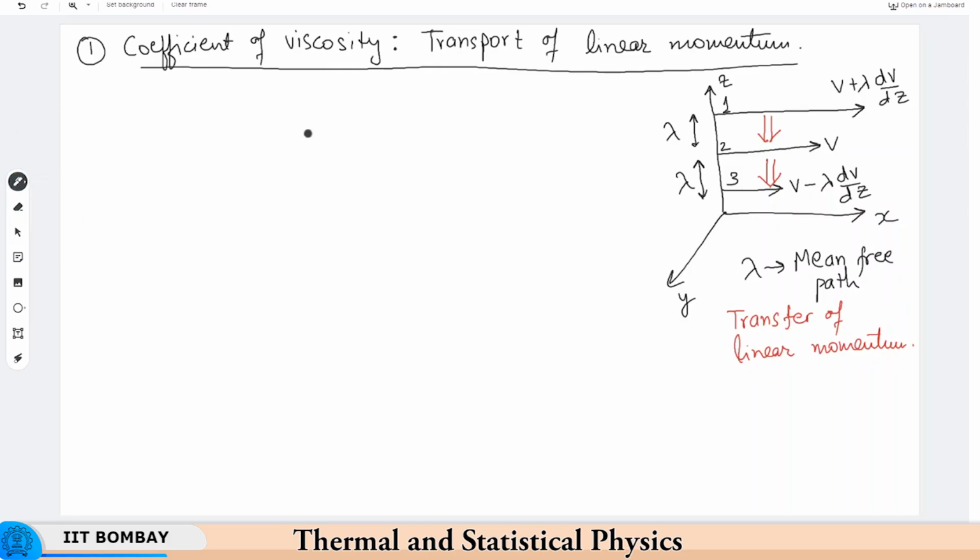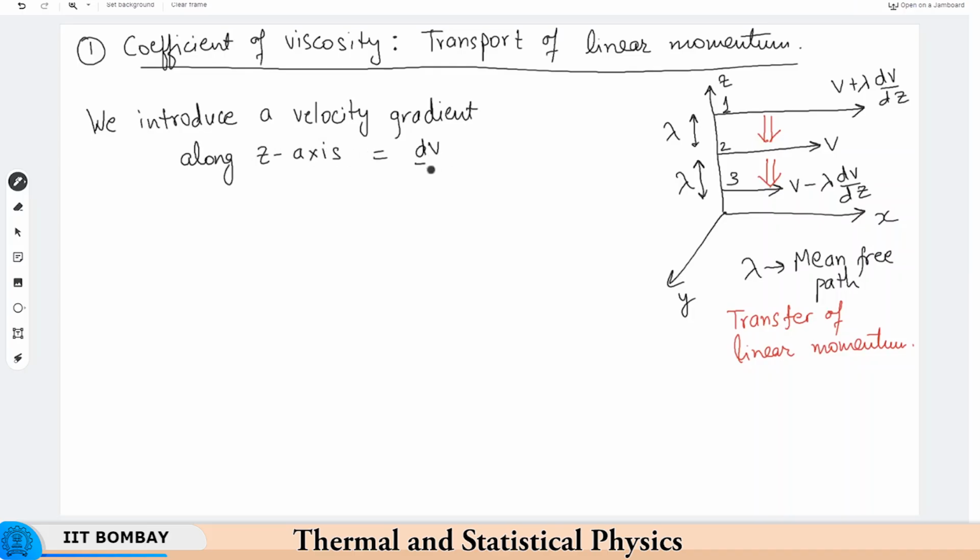So, what we have is we introduce a velocity gradient along the z axis, which is equal to dv by dz, right. So, the velocity is changing along the z axis. So, this gradient is along the z axis, right.